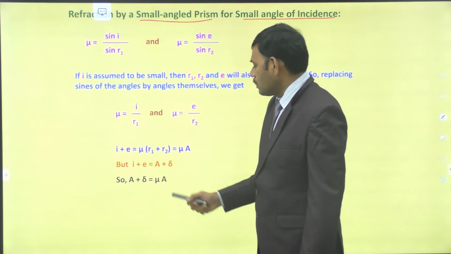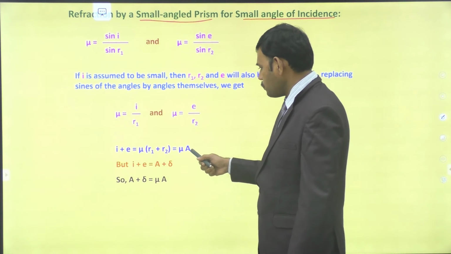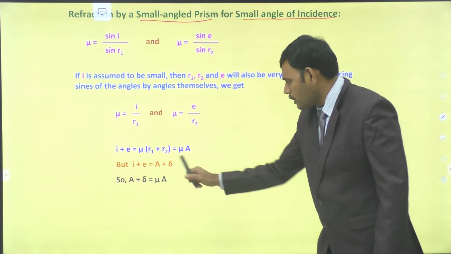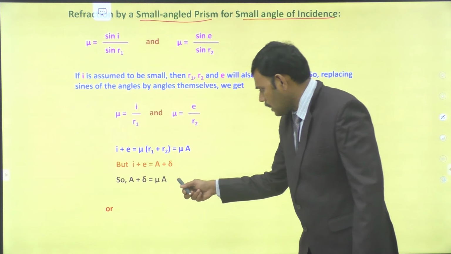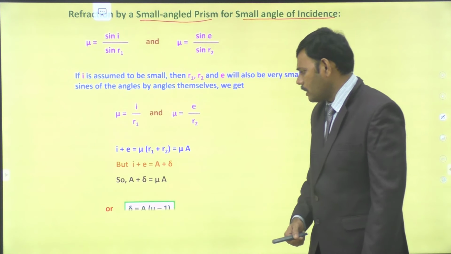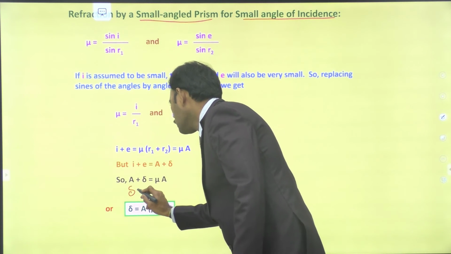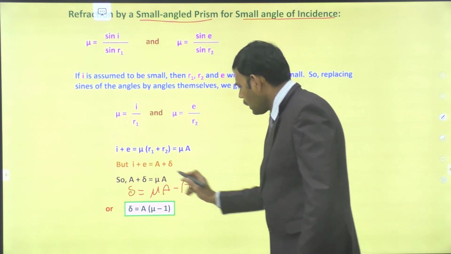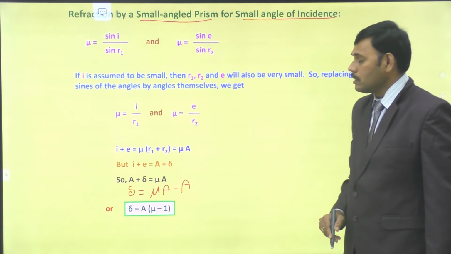Then A plus delta is equal to I plus E, which is replaced by mu A. Bring this A from the LHS to the RHS to find delta. So, delta is mu A minus A. Then A gets common. So, delta is equal to A into (mu minus 1).